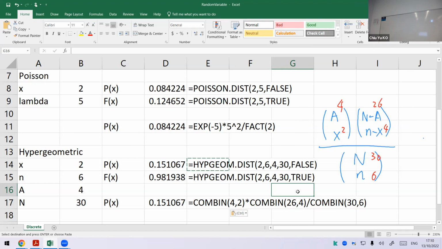So this says there are 6 good items and 26 bad items. You want 2 of them from the good items, and 4 from the bad items. So 4C2 is out of 4 good items, you draw 2 of them. And out of 26 items, you actually draw 4, because you draw 6 items out. You want 2 of them to be good, right? That means 4 must be bad.